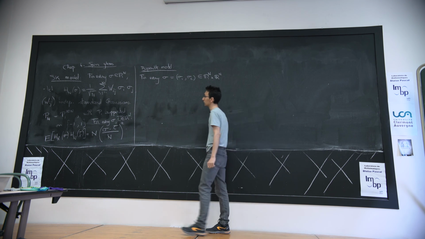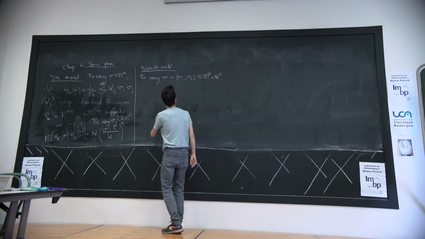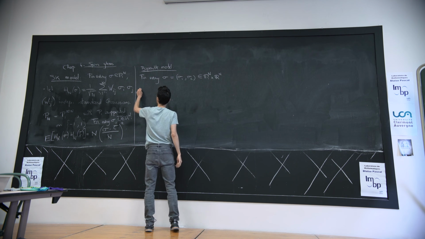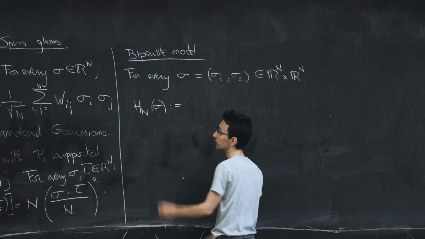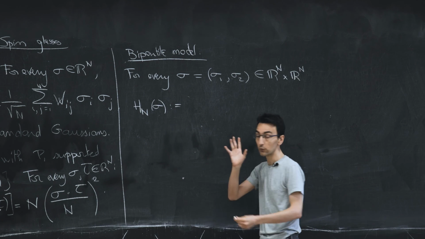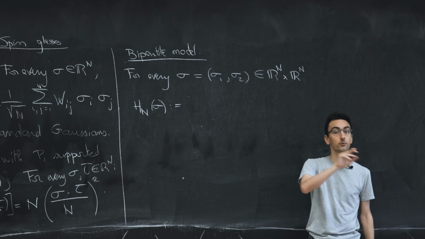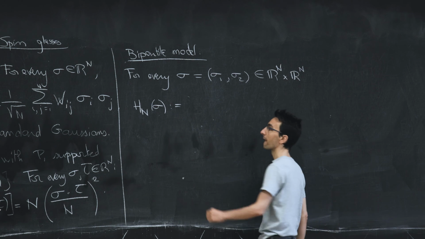That will also be fine. And for H_n of sigma in this case, I'm going to use the same notation, but indicate each time whether this is the SK model or the bipartite model.